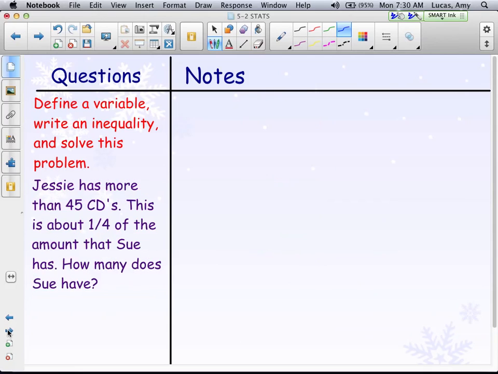Okay, my next one. Jesse has more than 45 CDs. This is about 1/4 of the amount that Sue has. How many does Sue have? So I'm going to use S for Sue's CDs. So Jesse has more than 45, and this is about 1/4 of the amount that Sue has.